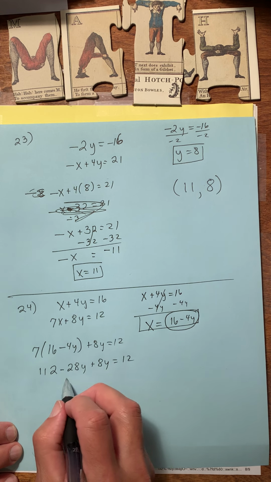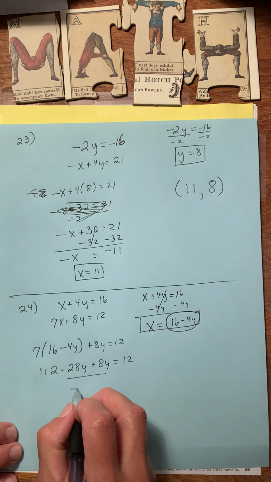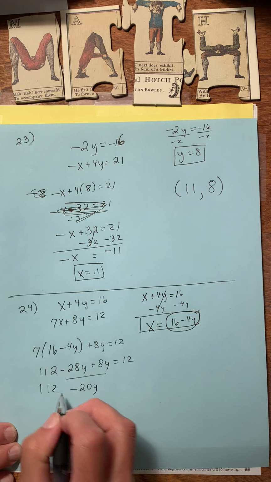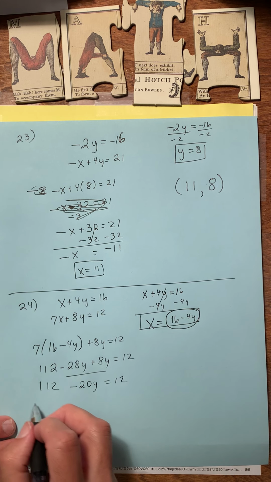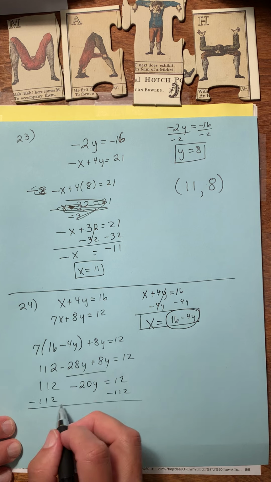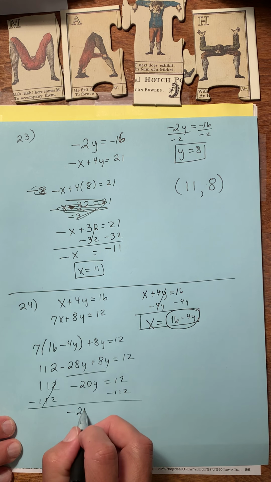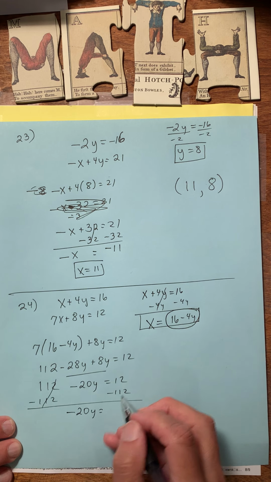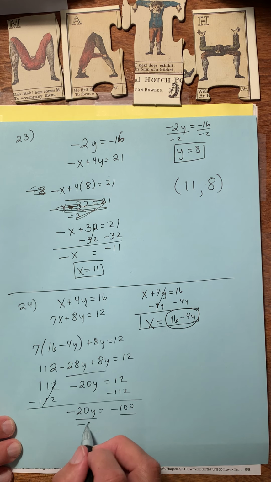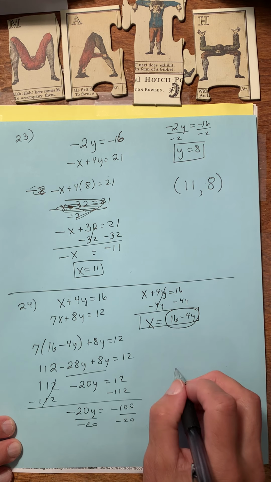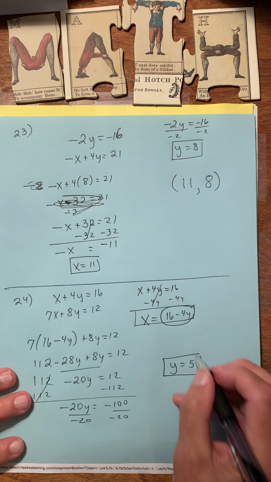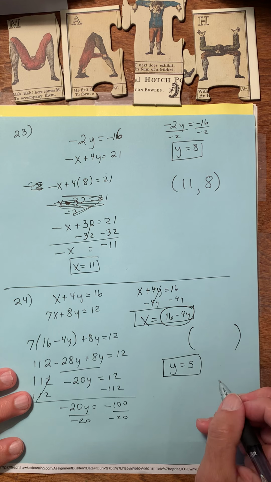Y's are on this side, right? Get them together, negative 20y. Subtract 112. Negative 20y is, that's going to be negative 100. Divide both sides by negative 20. Y is 5. Okay, remember, I need an ordered pair.